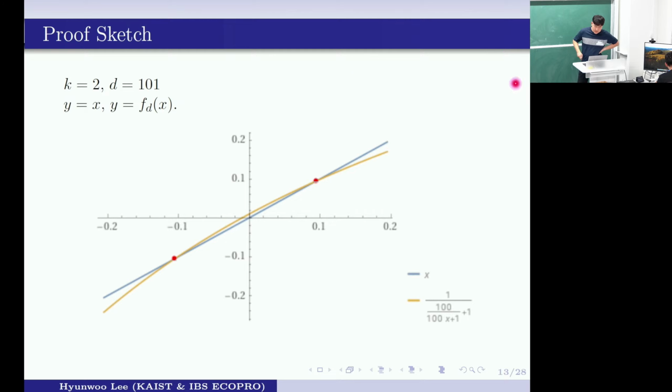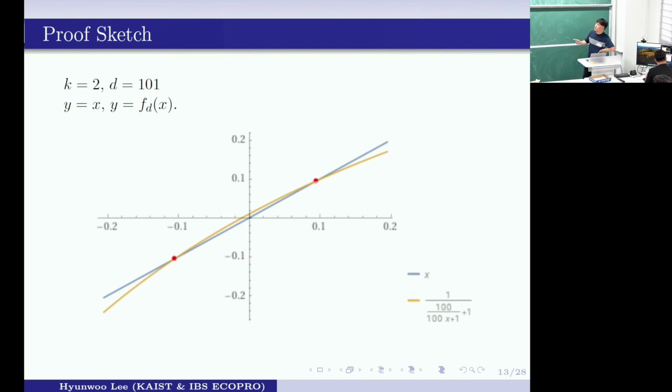And this value is 1 over 10, which is the conjectured value, d to the minus 1 over 2. So almost 1 over square root of 101, which is very close to 0.1. So this is the conjectured value.